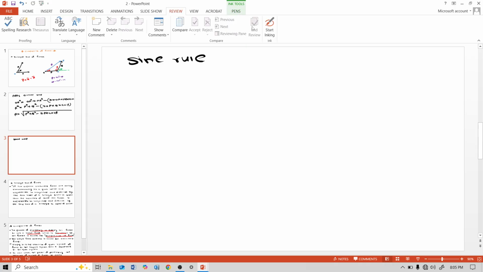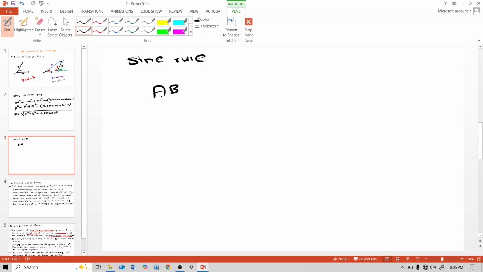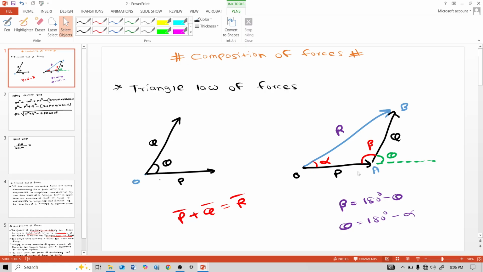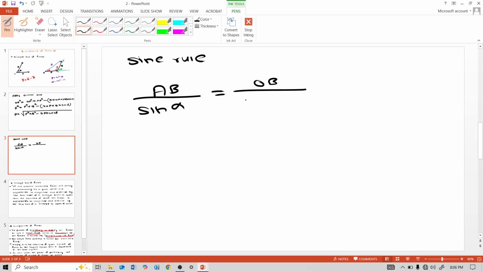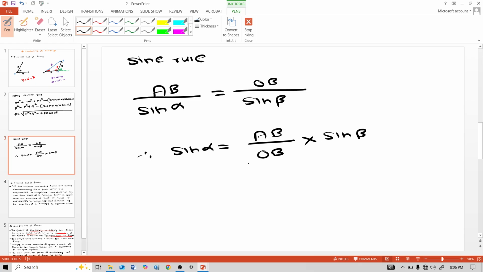So AB upon sine alpha is equal to OB upon sine beta, since OB is another side of the triangle and the angle opposite to it is beta. I am interested in alpha, so mathematically sine alpha is equal to AB upon OB into sine beta.